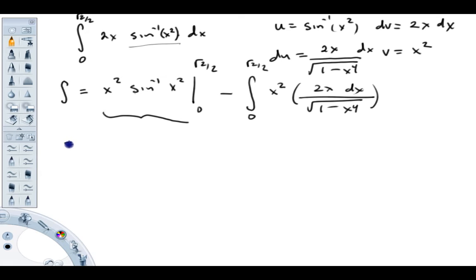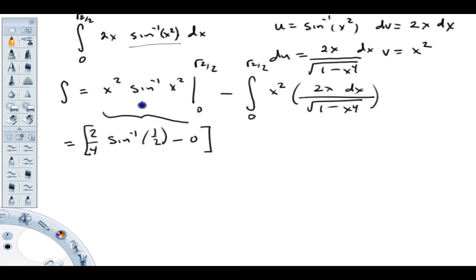So this is going to equal, now, root 2 over 2 squared is going to give us 2 over 4, I believe, times the inverse sine of 1/2. By the time we take the 2 over 4 and square it, minus 0. I'm going to put this in brackets.